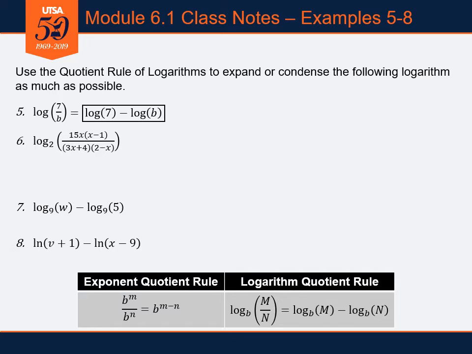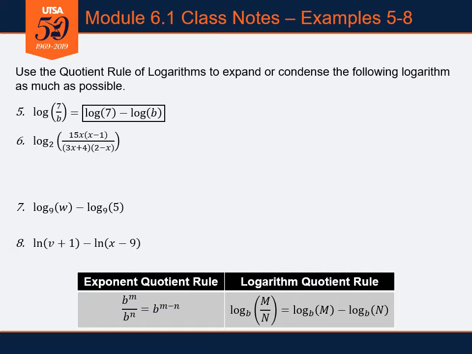Question 6 is a bit of a step forward in terms of complexity. But let's work it. Log base 2 of 15x times x minus 1, all divided by 3x plus 4 times 2 minus x. This is going to take more than one step, but let's follow step by step and realize that first of all, we have a fraction.